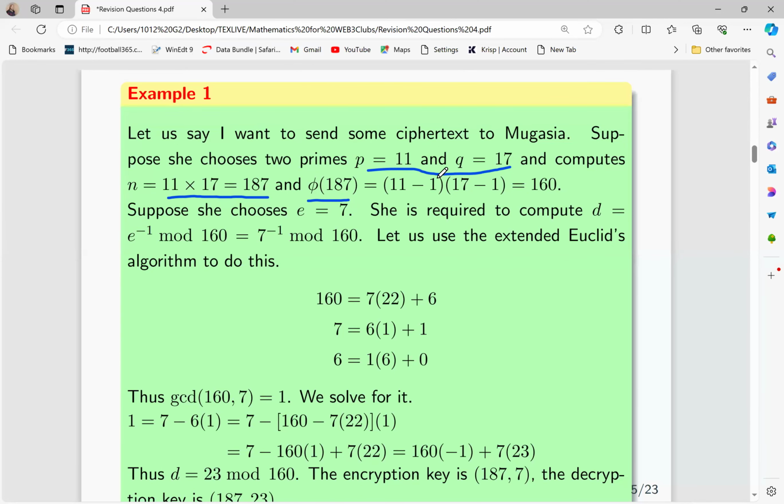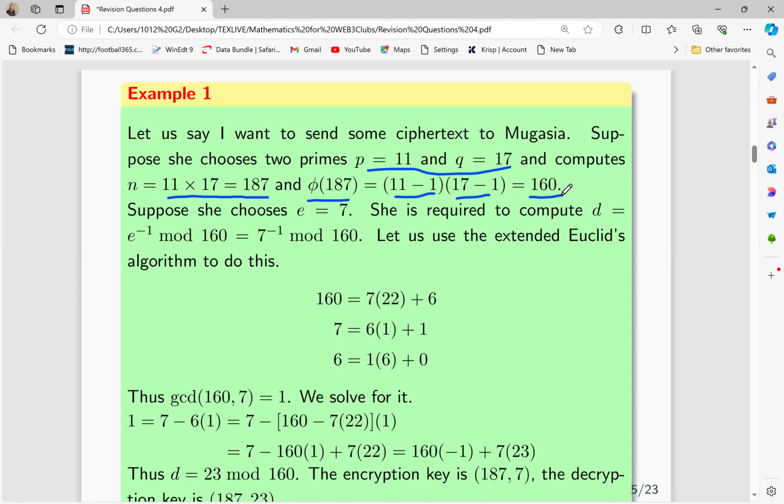But since these two are prime numbers, it's easier: just take p minus 1 times q minus 1. This one is 10, and this one is 16. That gives us 160. You have seen what she has done? She chose two prime numbers, computed the product, then computed Euler phi of 187.